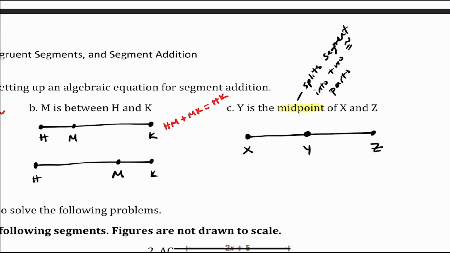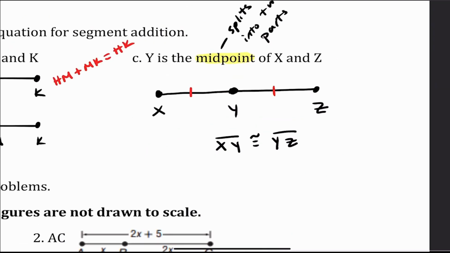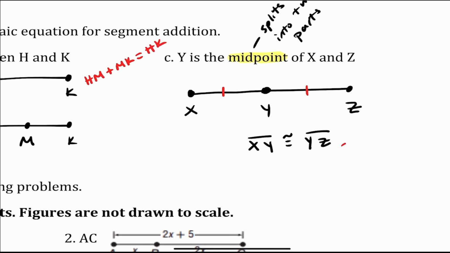All right, so I'm going to go ahead and draw those tick marks to indicate congruency and say that segment XY is congruent to segment YZ. And because I use that congruent symbol there, this is in the language of geometry.